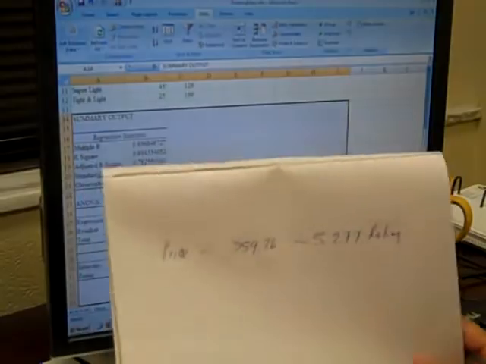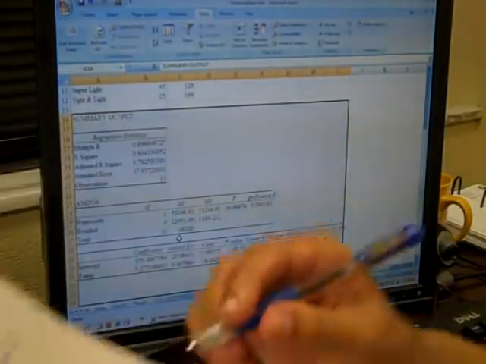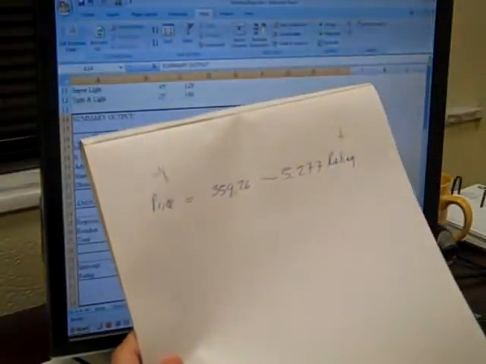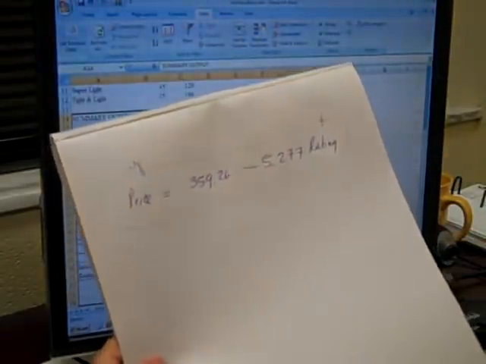So this is my regression equation. Price is equal to this, or this is y and this is x. Okay, this is the formula for my linear regression.